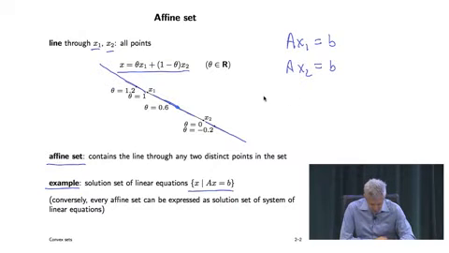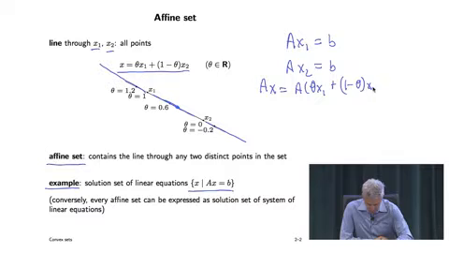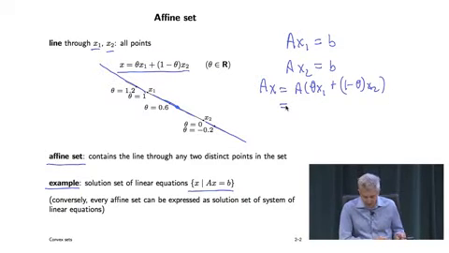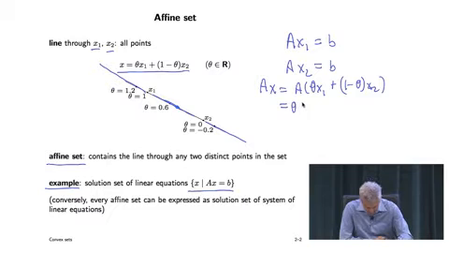And what that means is we'd have to look at Ax, but that's A times theta x1 plus 1 minus theta x2. And the question is, what is that? And in particular, is it b? And it is, because this is theta Ax1 plus 1 minus theta Ax2.